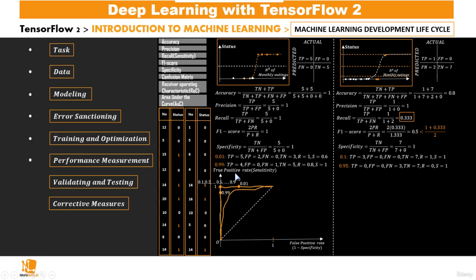Now, this is not the only possibility. It was possible that for a different model and different data set, we would have an ROC like this. So for a different case, we'll have a situation where our recall will never reach 1, no matter how we play around with the values of the threshold.